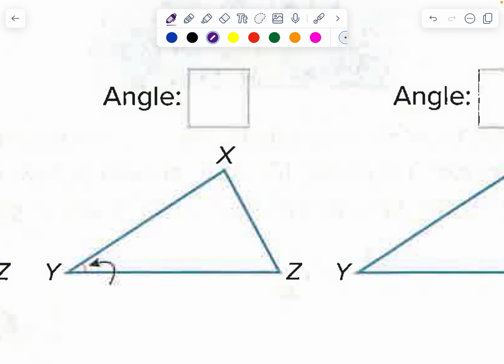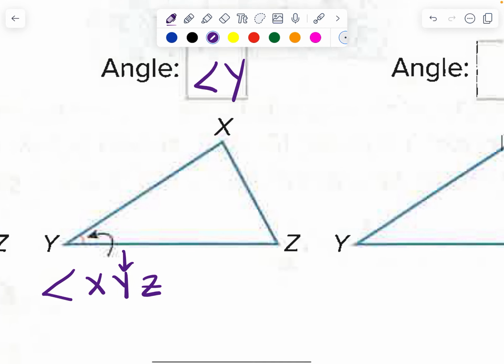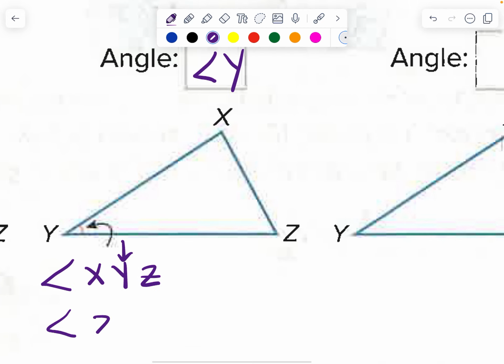Over on this one, this would be angle Y. Now again, as long as you have the Y in the middle, you can say X, Y, Z. The vertex is in the middle. Or you could have had Z, Y, X with the vertex in the middle.